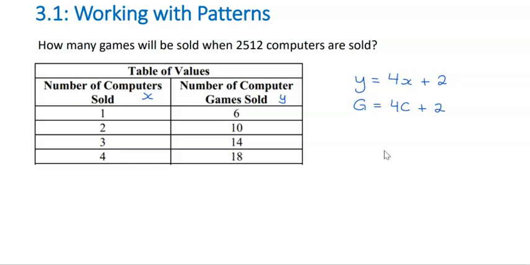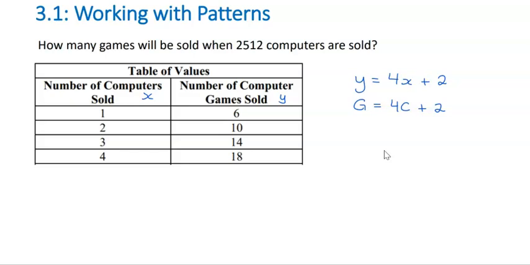We can use our variables to reflect what we have. We're talking about games and computers, so we can change to G and C. It's easier to read the equation even if we don't want to change Y and X. It's easier to read it as the number of games is equal to 4 times the number of computers plus 2. Makes it more kind of real life for us to see that relationship.